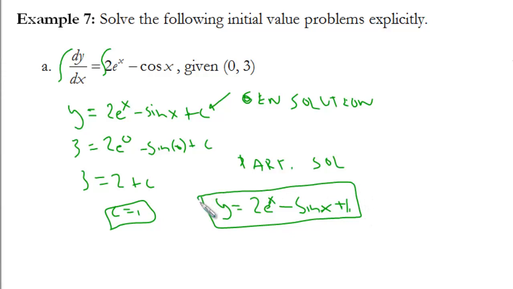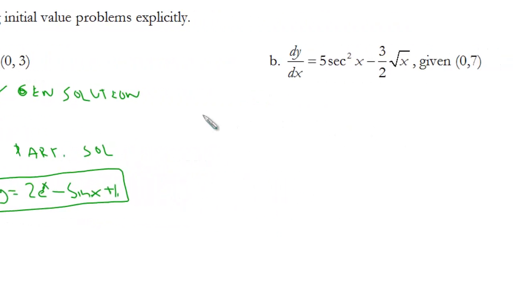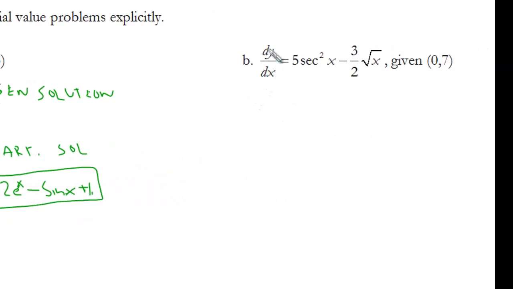And that is the solution. All right, let's do this one over here. And we want to integrate both sides once again. So we integrate that, integrate that. So the integral of dy dx is simply y. And we recognize that the integral of secant squared is tangent. So that's going to be 5 tangent of x. And then we have to integrate this.